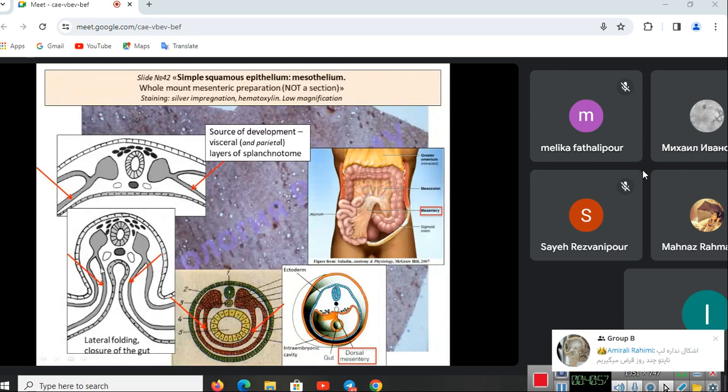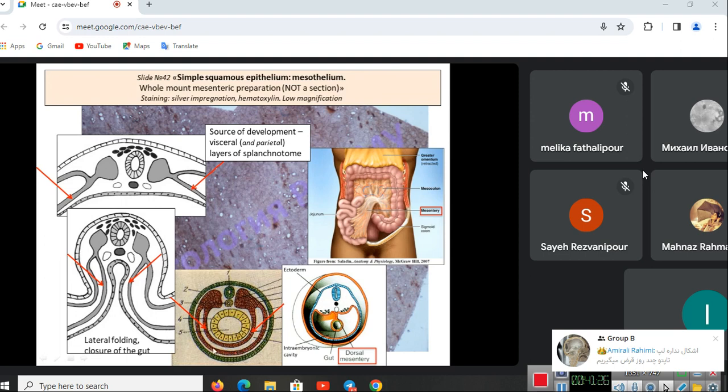And what happens to the layers of splanchnotome, visceral and parietal? As a result of the lateral folding, these layers fuse together, visceral with visceral, parietal with parietal, and this is what we see now. The visceral layer of splanchnotome is here, and the parietal layer of splanchnotome is here. What will be between these layers?